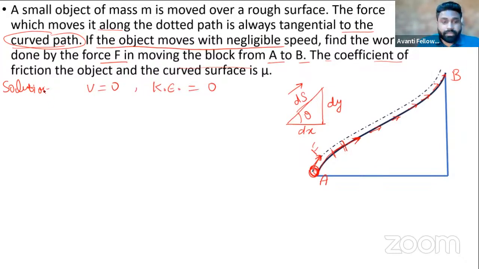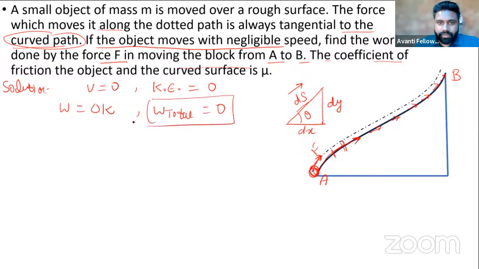Got it? So we can say that in the work energy theorem, work done is equal to change in kinetic energy. And if the kinetic energy is 0, the work done by all the forces will be 0. If I draw the FBD of this system, the mg force is acting downward.